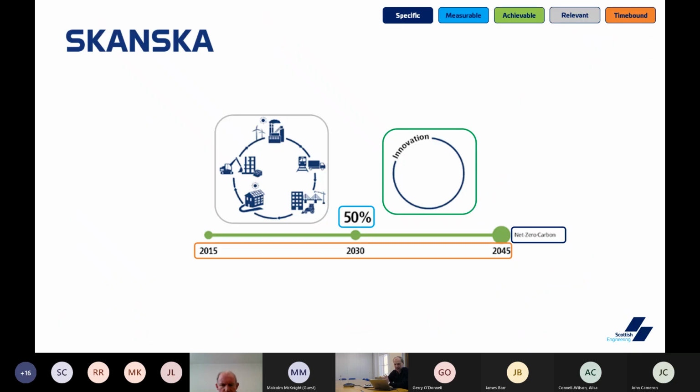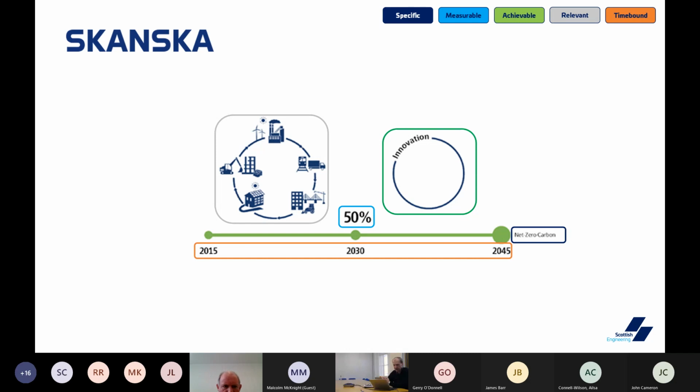At the opposite end, Skanska has the simplest roadmap you can get. It also has everything in terms of being SMART, but they recognize that they achieve 50% by 2030 through efficiencies, but to get to 100% by 2045, they will need innovation.